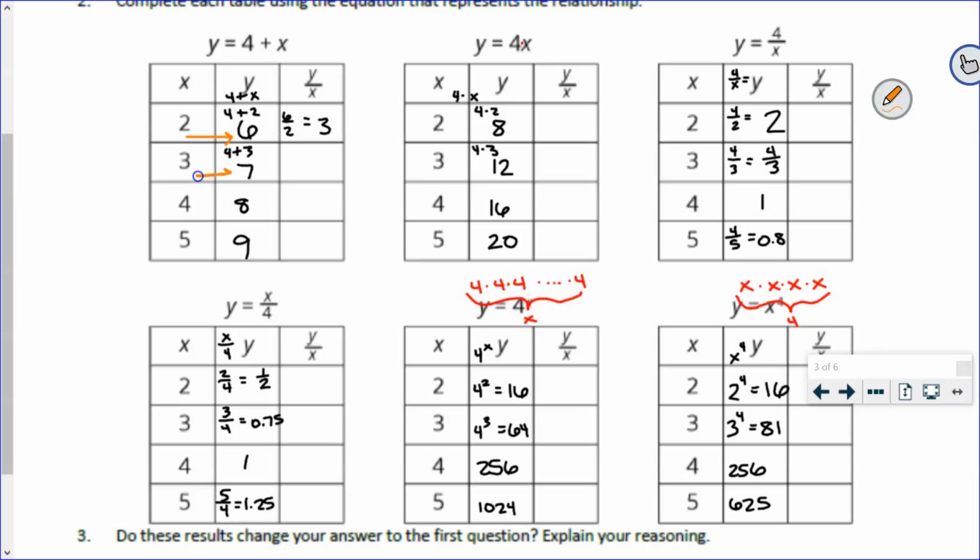I don't know how to go forward, so I would work backwards, and that's why I have 7 divided by 3. Right here, that's 7 for the y divided by 3, the x. And 7 divided by 3, you can go ahead and give me a decimal, is 2.3 repeating.